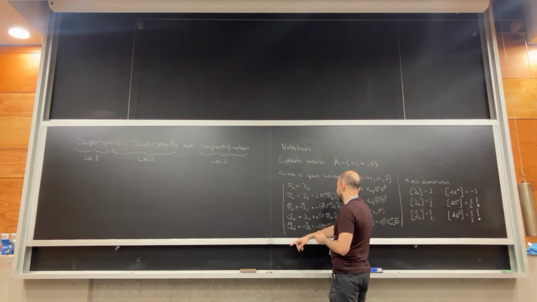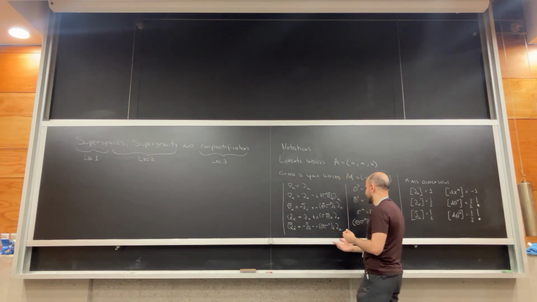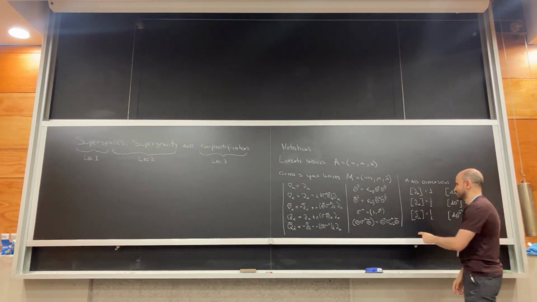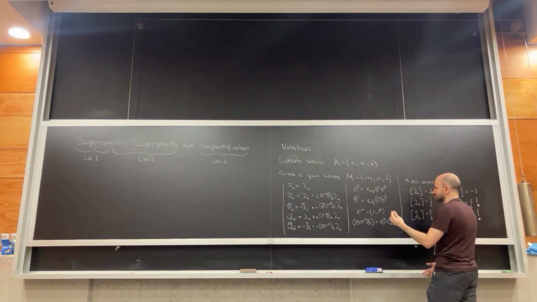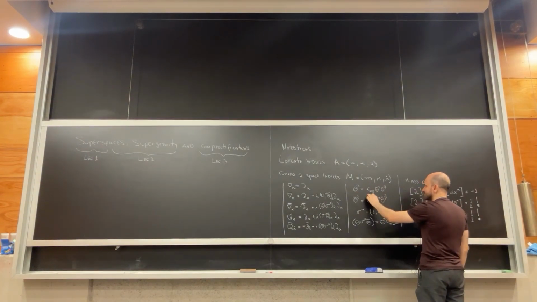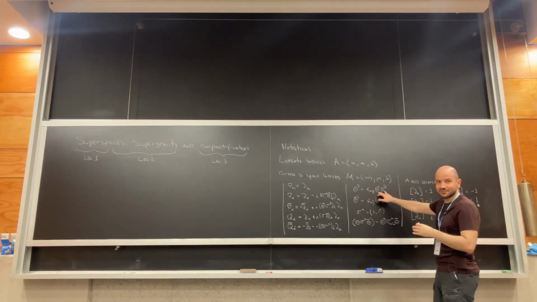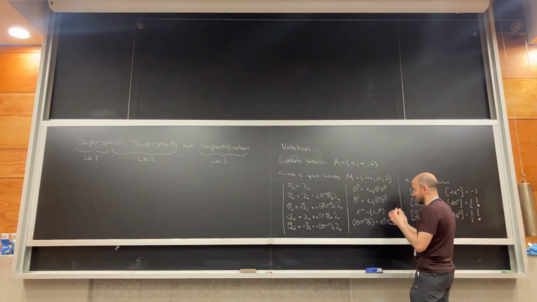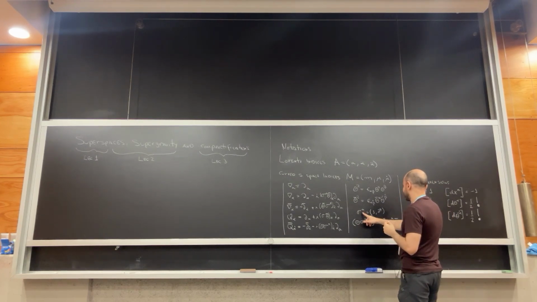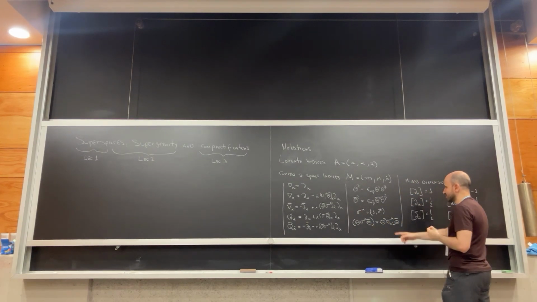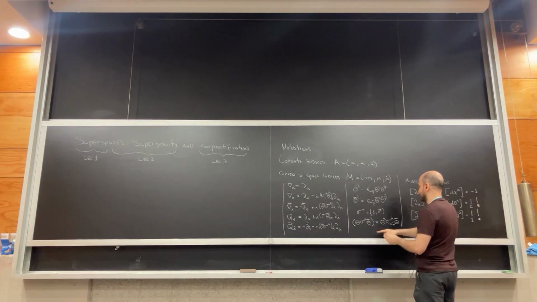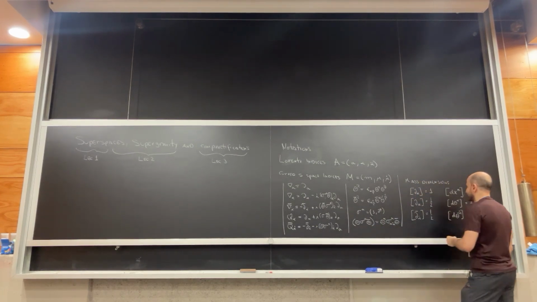Nabla alpha dot is this one, and Q and Q bar are the supersymmetry generators. This is also a shorter way to write this combination over here that appeared in my superfield in the last lecture. So sigma is just the identity matrix and the Pauli matrices, and this combination here is this.